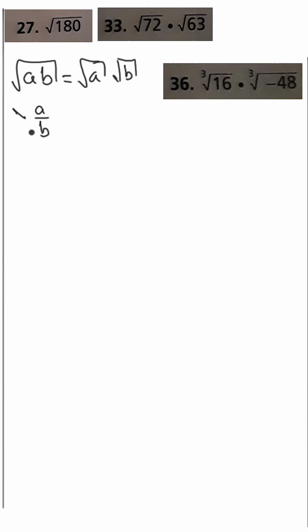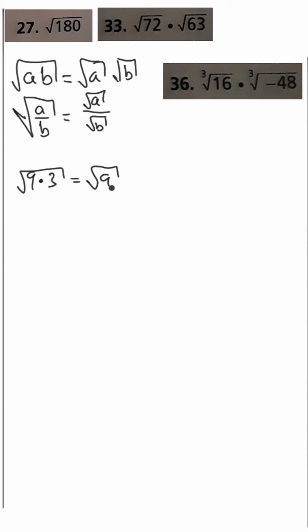So for example, if you have a over b and we have the root of all of this, then you can just place the root in the numerator and the denominator, right? So for example, if you have 9 times 3, then you can just separate this as the square root of 9 and the square root of 3, right? So these are a couple of the properties.